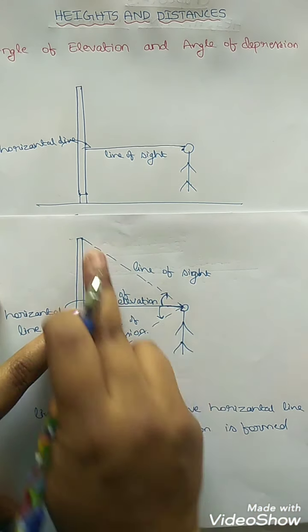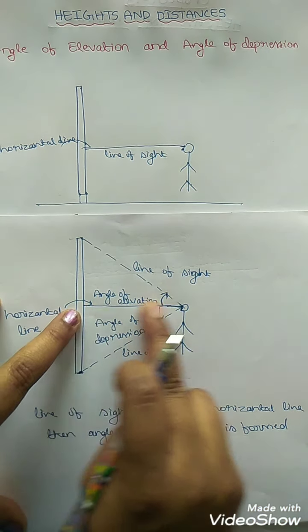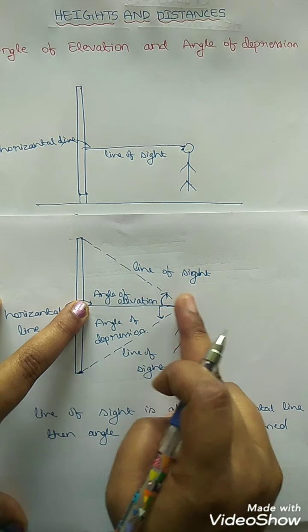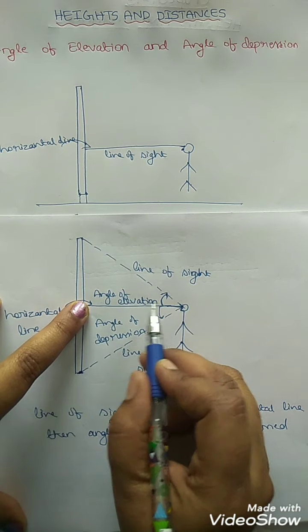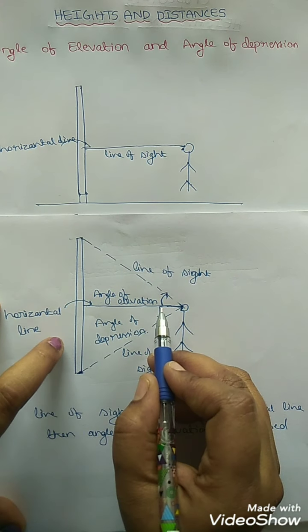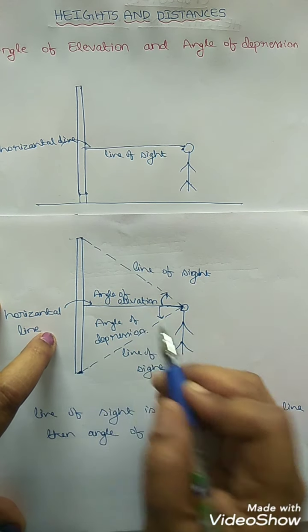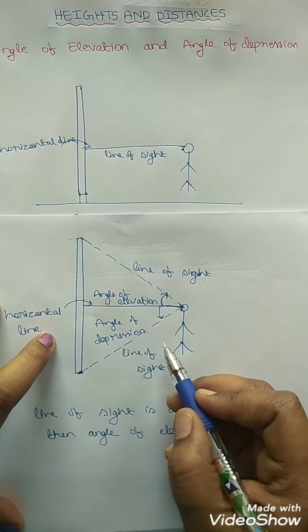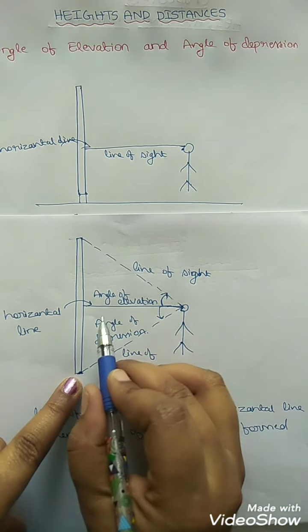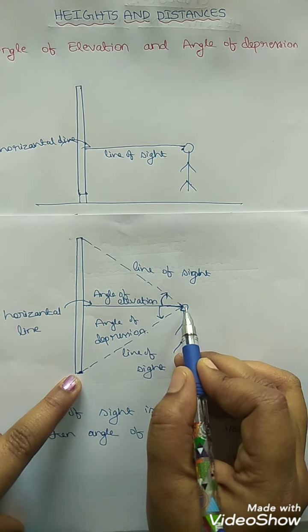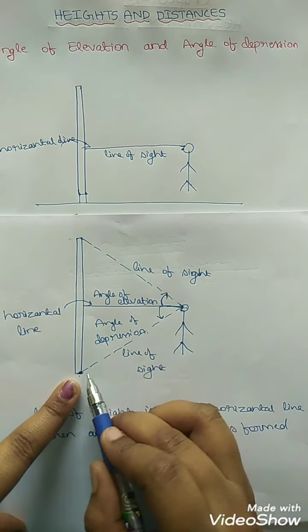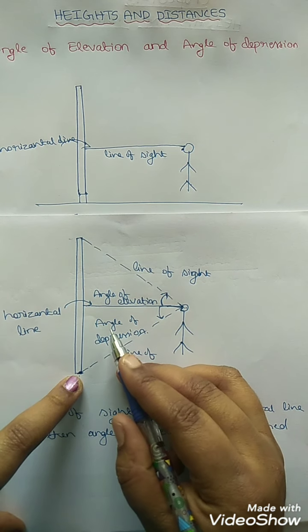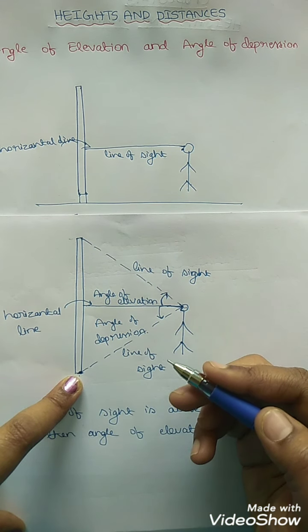Here, this is the horizontal line and this is the line of sight, above the horizontal line. Then the angle formed between the line of sight and the horizontal line is called the angle of elevation. When the line of sight is below the horizontal line, the angle formed between the horizontal line and the line of sight is called the angle of depression.